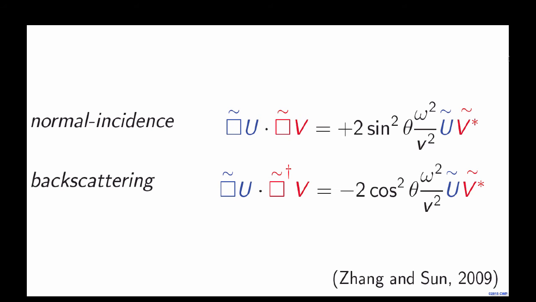This holds for the dot product that attenuates normal incidence, and also for the dot product that attenuates the backscattering artifact, which is an expression very similar to the Laplacian expression shown earlier by Whitmore and Crawley.